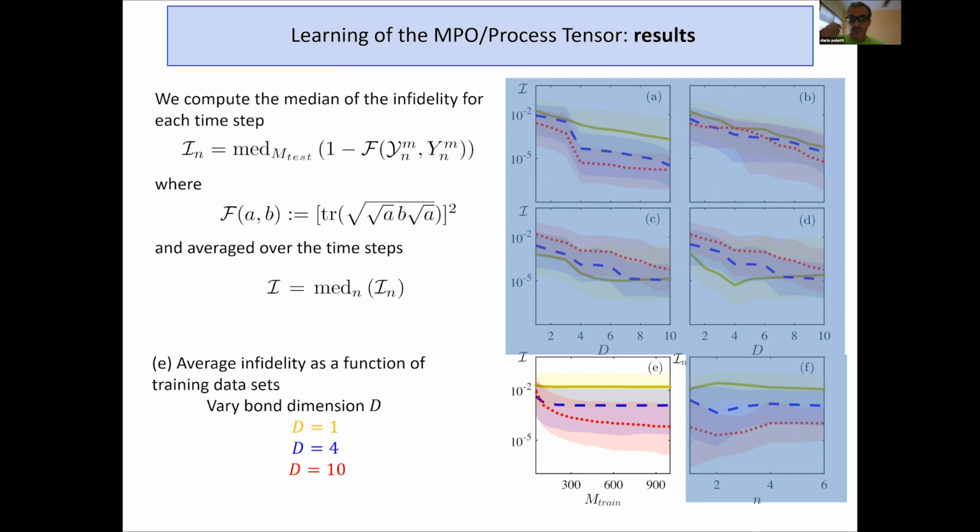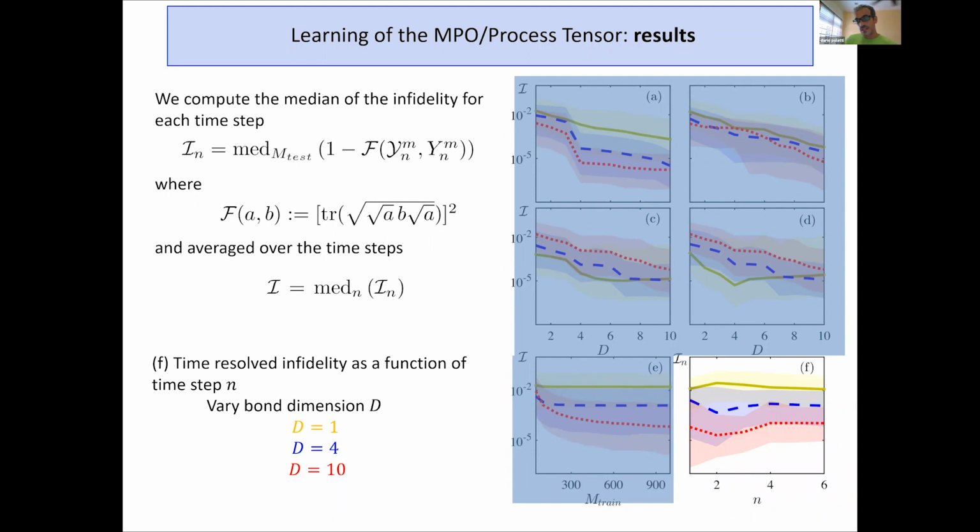If you want to use this to learn something, you should do your simulations with different bond dimensions, so that you know whether you're being accurate, whether you're still learning, or whether the results have converged. This is important, and only if you have a large enough bond dimension can you really profit from many training data.